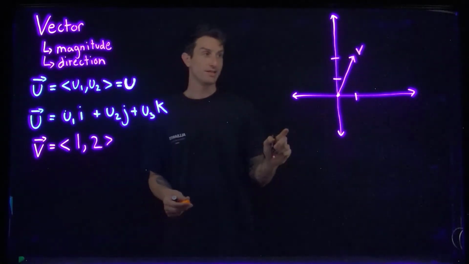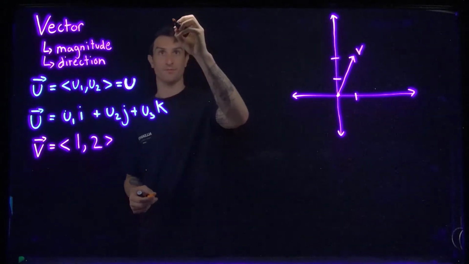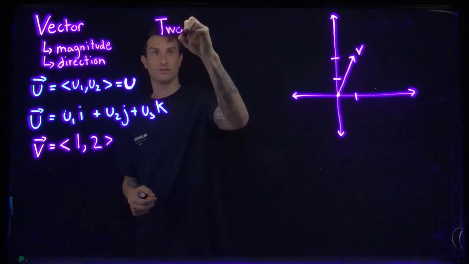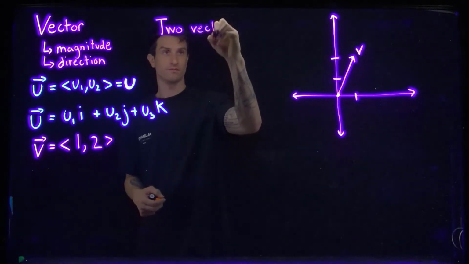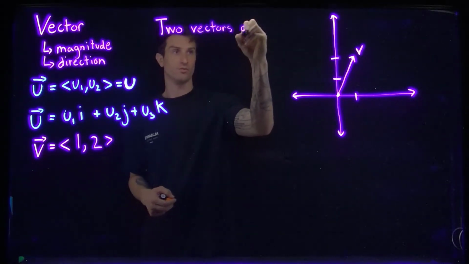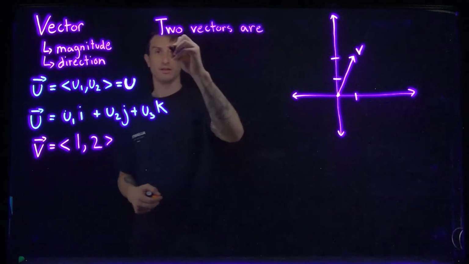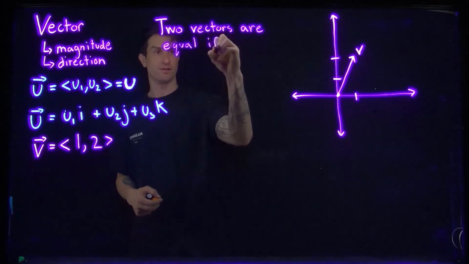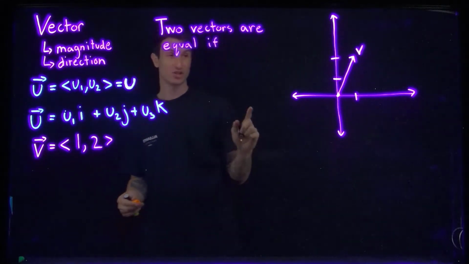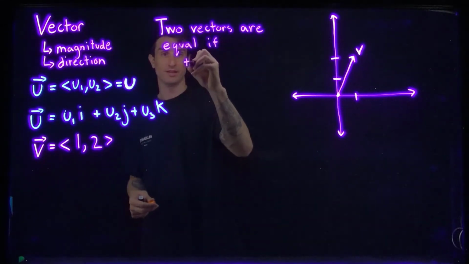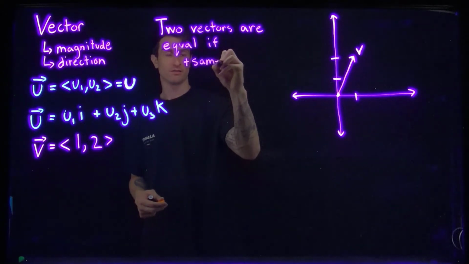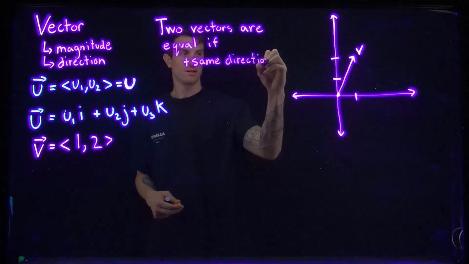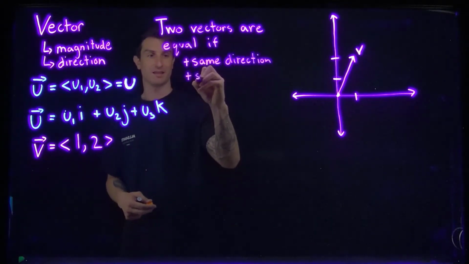Now we'll say two vectors are equivalent, we'll just say equal, if they have the same direction and the same length.